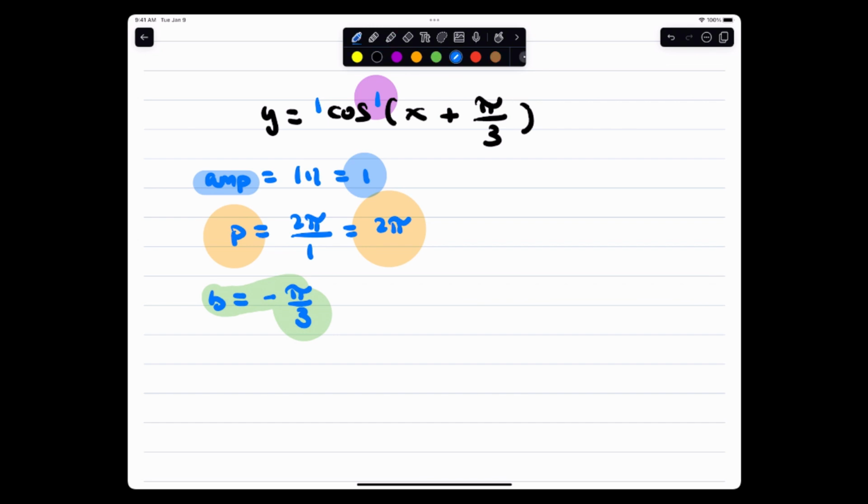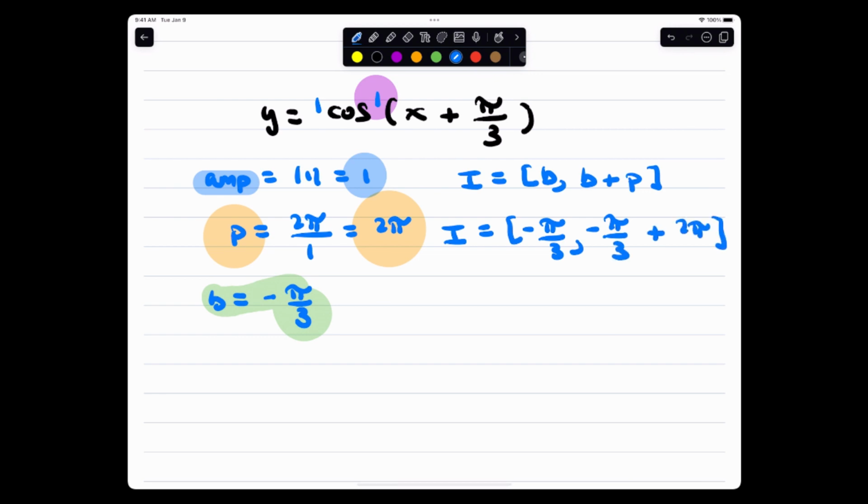So the interval of one cycle here. B plus what? Okay.